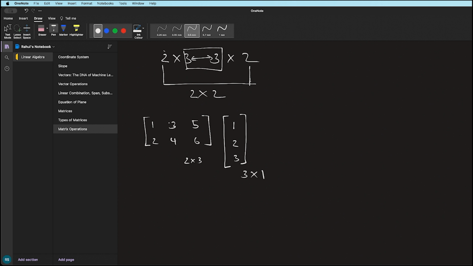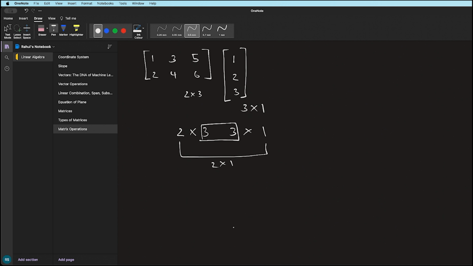Why? Here the number of rows is 2 and the number of columns is 3, and here the number of rows is 3 and the column is 1. So the number of columns of the first matrix is equal to the number of rows of the second matrix. So we can multiply these two matrices, and the resulting dimension of the matrix is 2 cross 1.